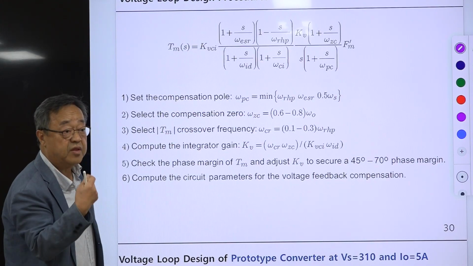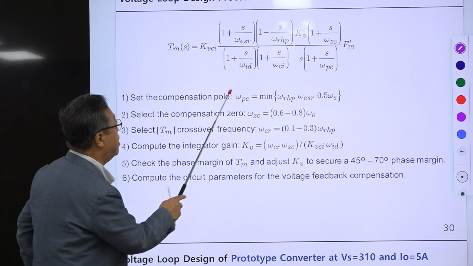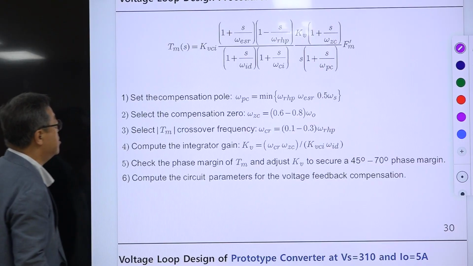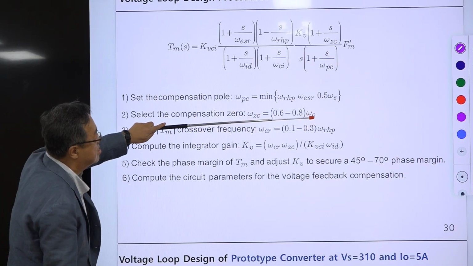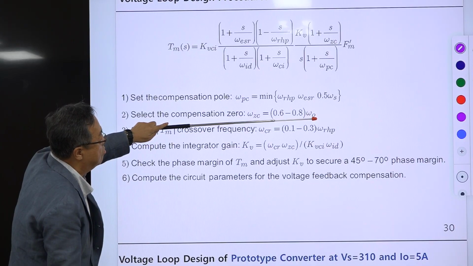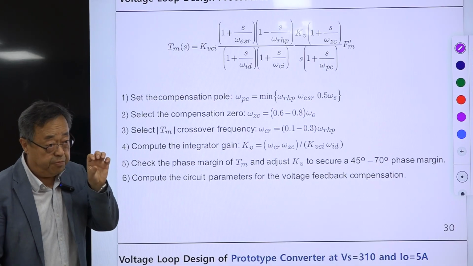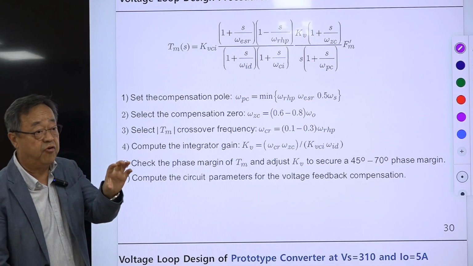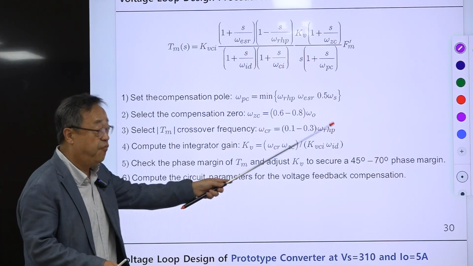Whichever comes first, select omega PC at that frequency, and the compensation zero is placed here. This should be placed before the loop gain crossover frequency, but before the loop gain crossover frequency, the omega naught double pole frequency is coming.